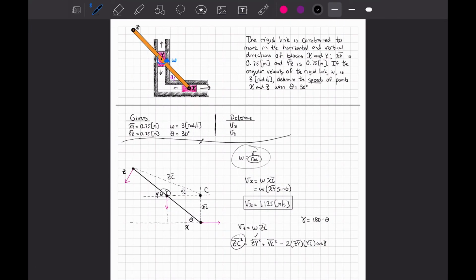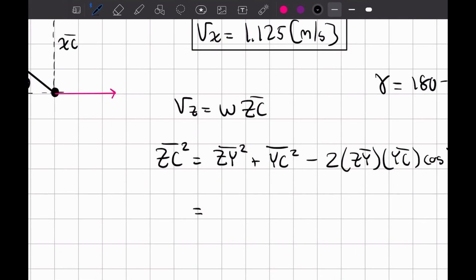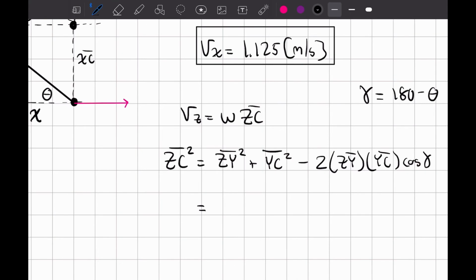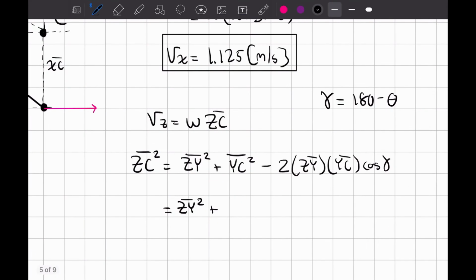We can determine Yc from trigonometry. And we know gamma. So we'll just simplify this down a bit more. So that's going to be equal to, okay, Zy. I'm just going to leave it in terms of its variables. Okay, Yc, let's look at this problem here. We have our triangle given by theta, so we can do simple trigonometry.